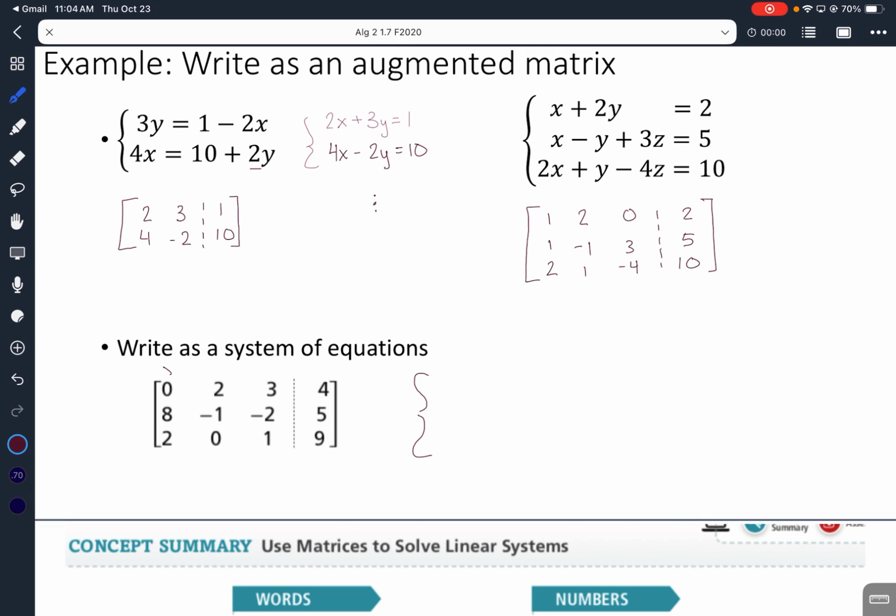So this is my X column, this is my Y, and this is my Z, and this is equals. So see what you can do.